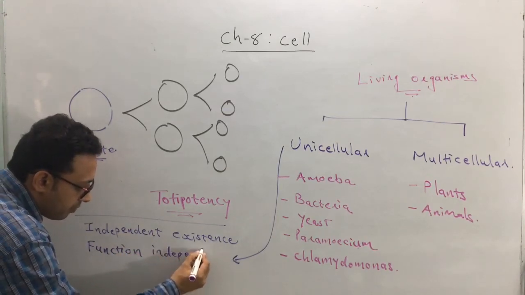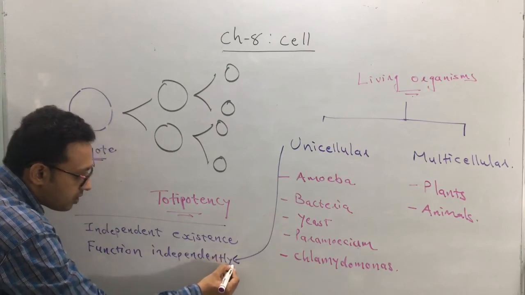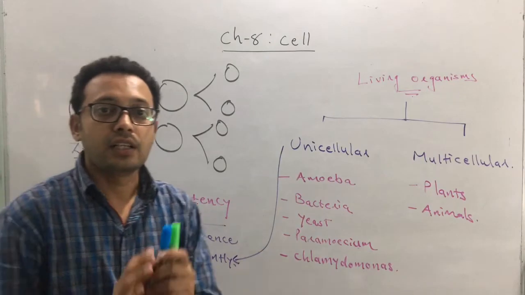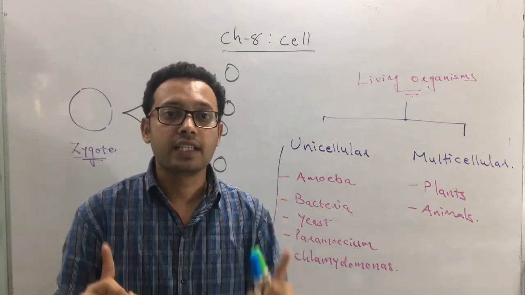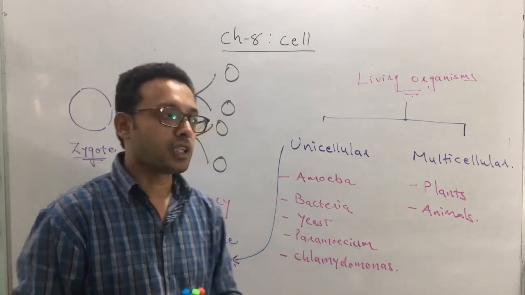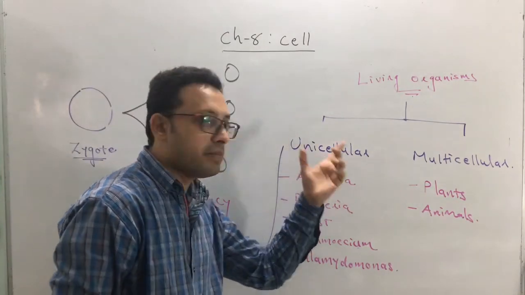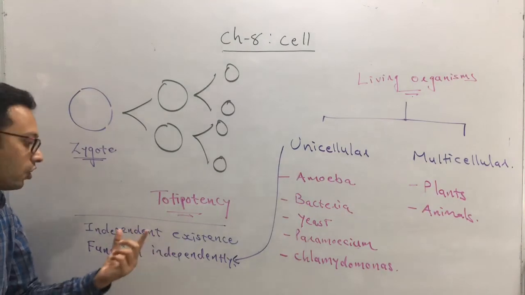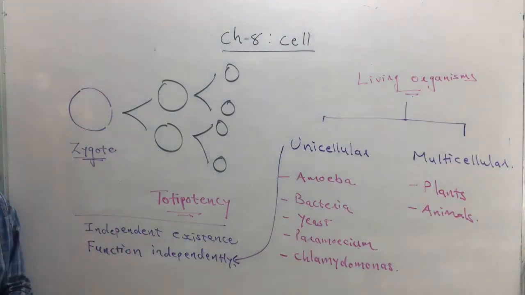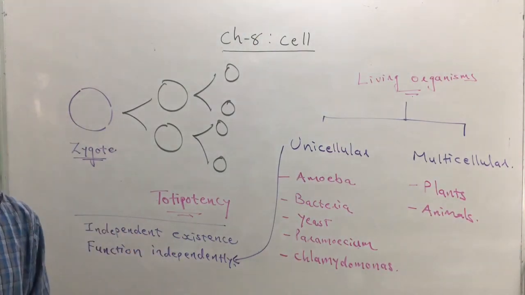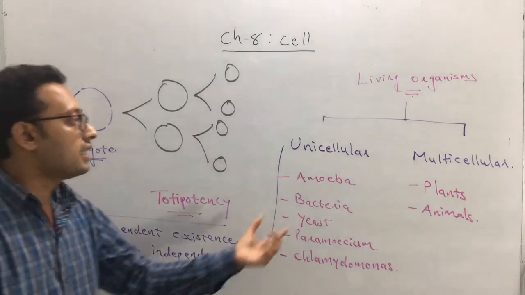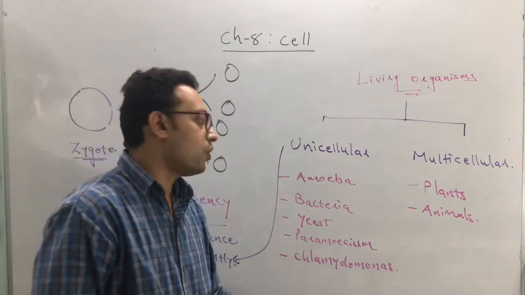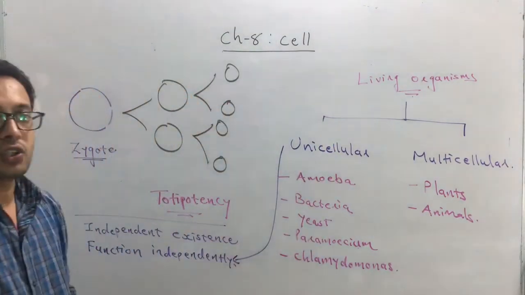So it can perform all the functions. This is considered a unicellular organism. The others are not considered unicellular organisms. Those organisms which can independently exist and function independently are classified as unicellular living organisms.